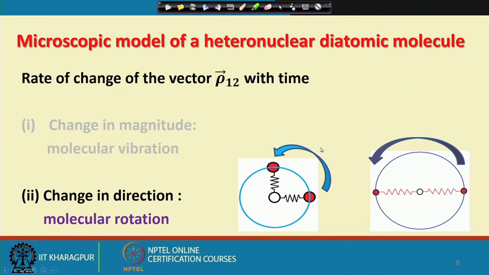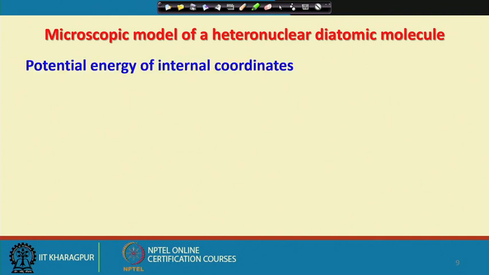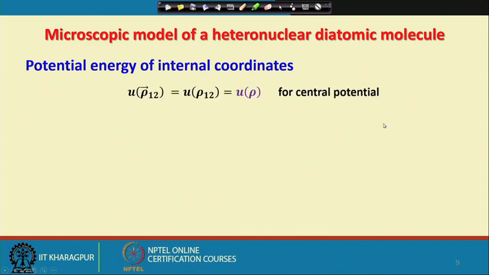Okay? And this is because of the separation in the energy scales that we have already seen. Therefore, under such conditions, the microscopic model of a heteronuclear diatomic molecule requires us to examine the potential energy of the internal coordinates as well.